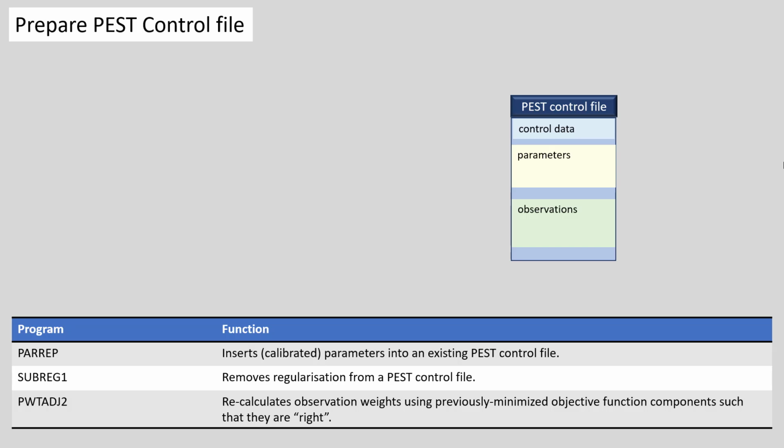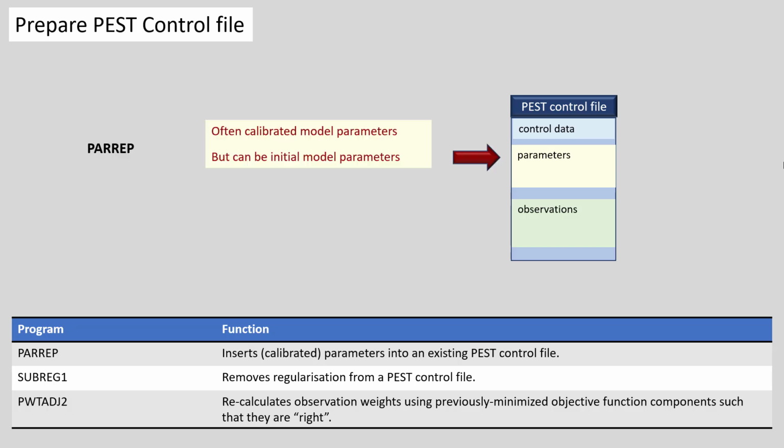And the covariance matrix of measurement noise, which contains information on the statistical distribution of noise in field measurements or observations. Practical implementation of linear analysis requires a PEST control file from which the previously mentioned matrices can be calculated or to which they can be referred. All of the linear analysis tools that we're going to discuss here and which are discussed in the tutorials read these files, or this file.